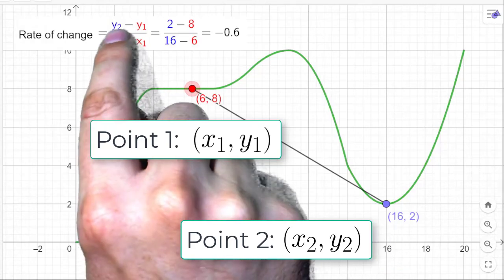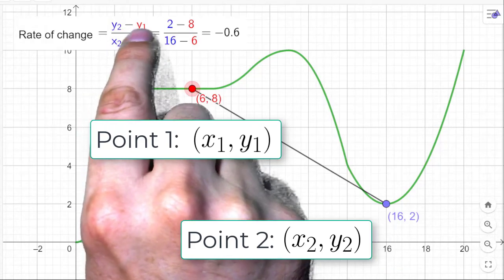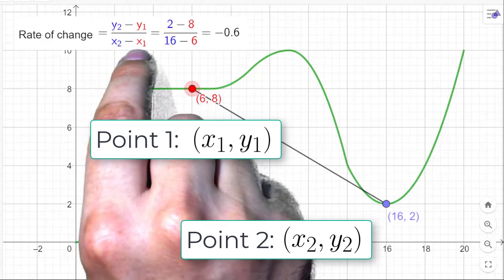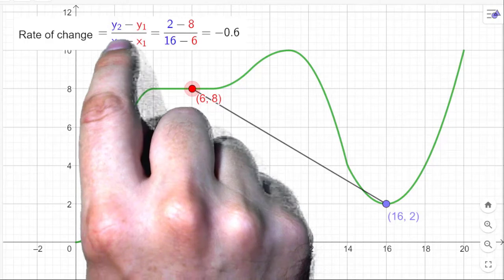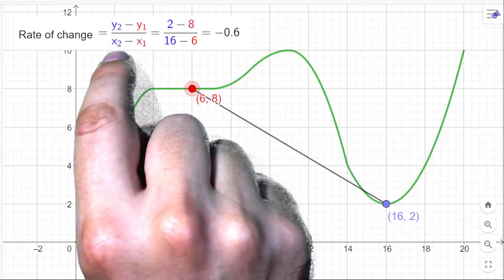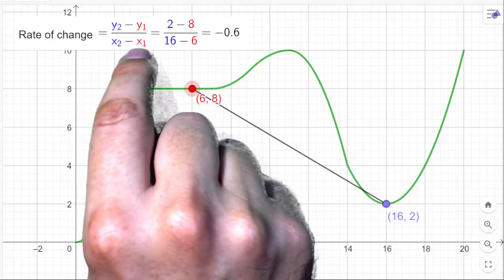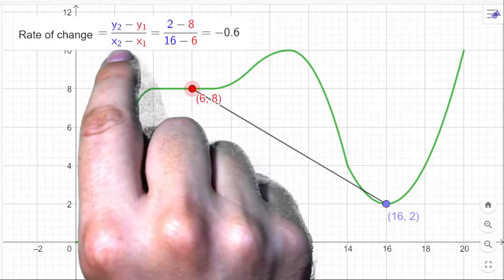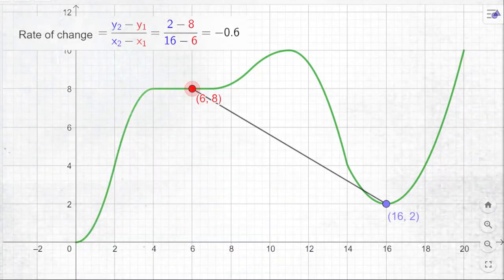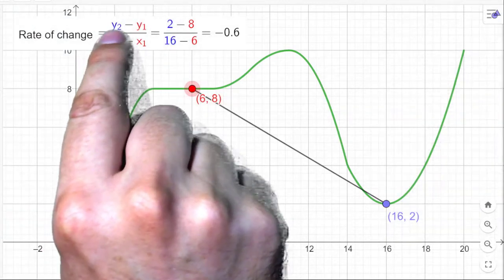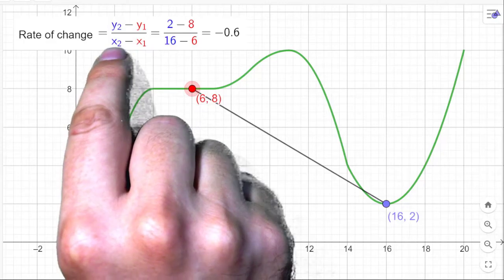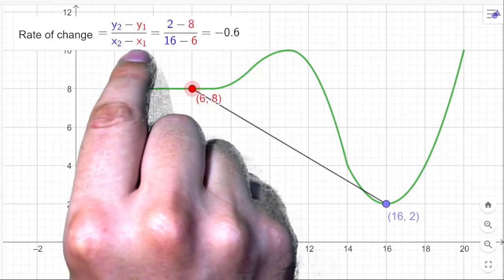In the numerator, I did y2 minus y1, and so in the denominator, I did x2 minus x1. It would be incorrect if in the numerator I did y2 minus y1 and in the denominator I did x1 minus x2. I can't flip-flop. If you do that, you will get the wrong answer. So you have to be consistent. If you subtract with point 2 first in the numerator, point 2 should also be first in the denominator.